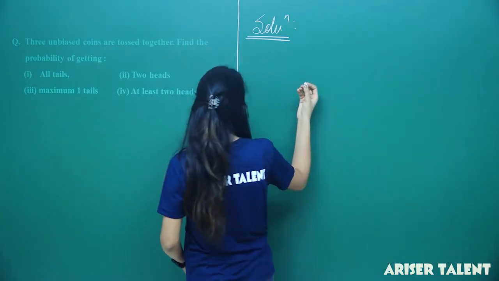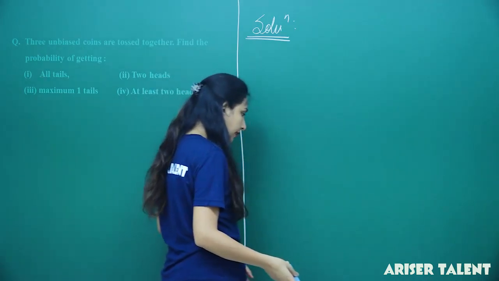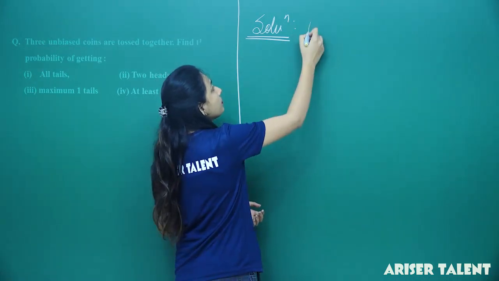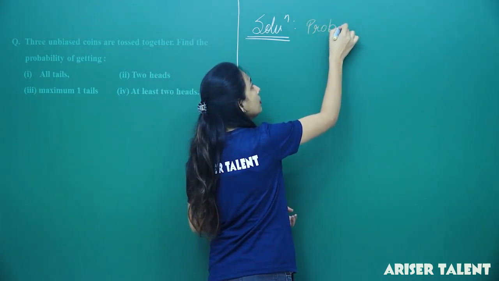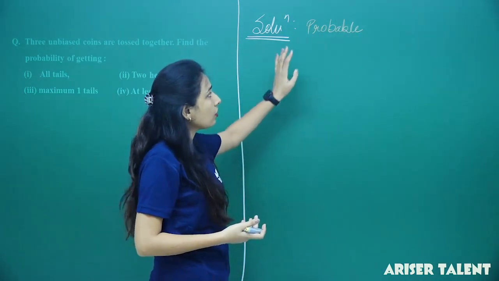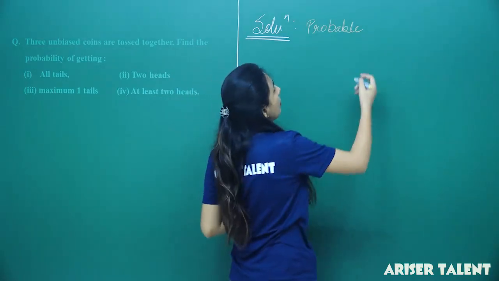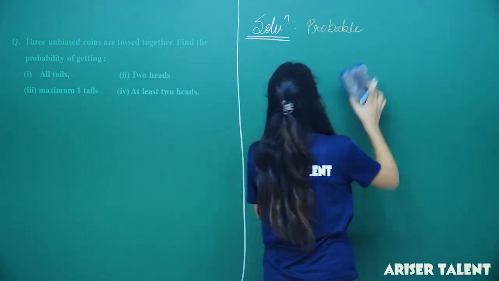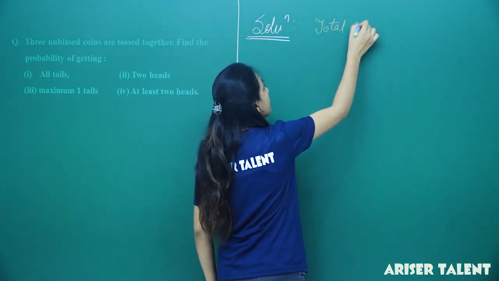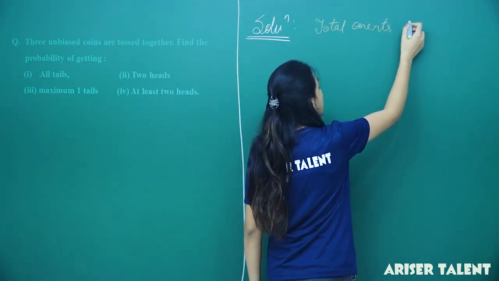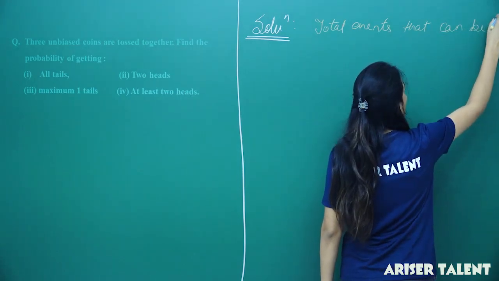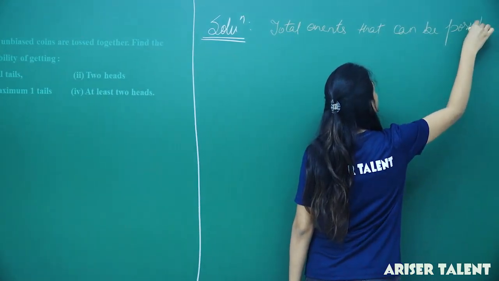So, probability is about the total probable events that can be possible.